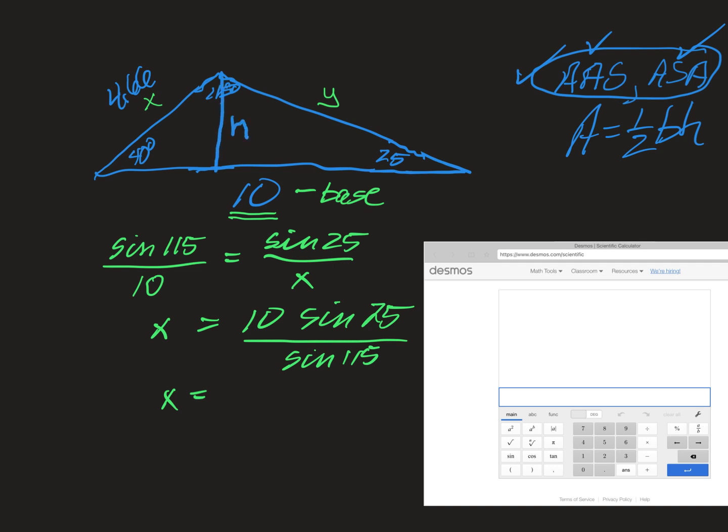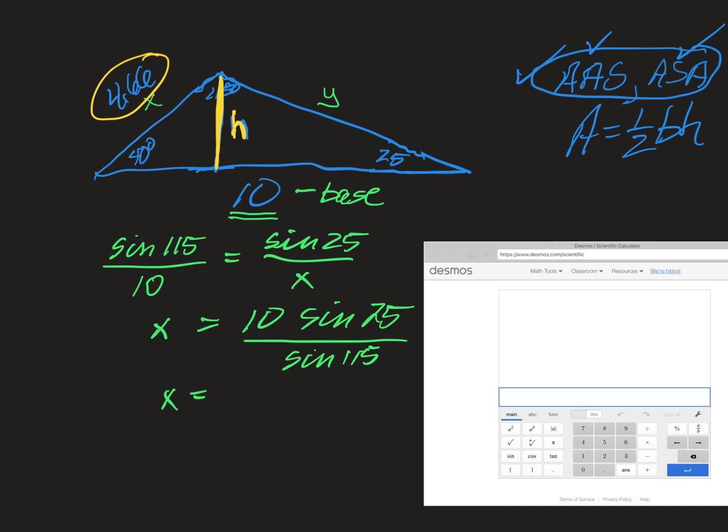So there's my height. All right, let me do this in a new color. There's my height. And now I can find the height because I have one of these other sides. So I use the sine trick as well. And so this height, I'm going to get the sine of 40 is equal to the opposite, h, over x. All right.